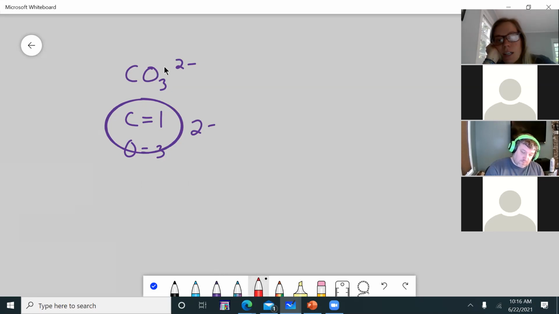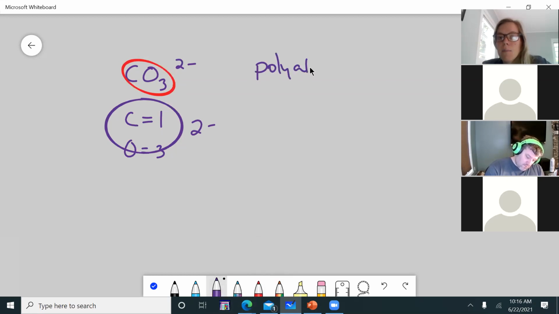So if you want, you can even start getting in the habit of circling where the atoms are and leaving the charge hanging on the outside of it, so you know that the charge is talking about that whole packet. All right, the 2- isn't talking just about the oxygen. Sometimes that throws students off. They think, oh, it's just the oxygen that has the 2- charge. No, the whole packet, that whole unit has that charge. Remember what this thing is. It's a polyatomic ion. Okay, multiple atoms that have an ion or a charge to it.